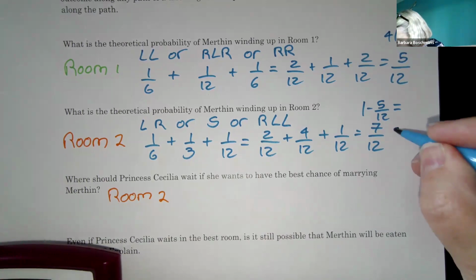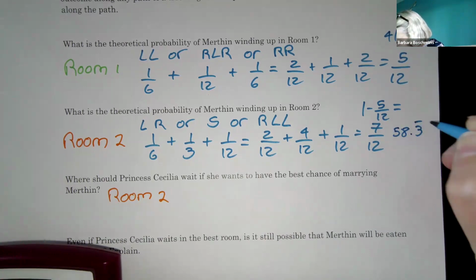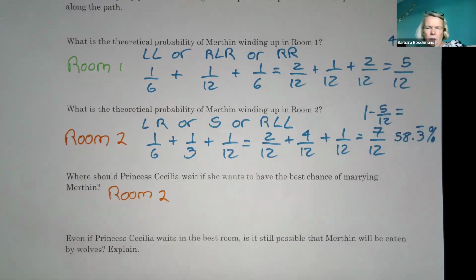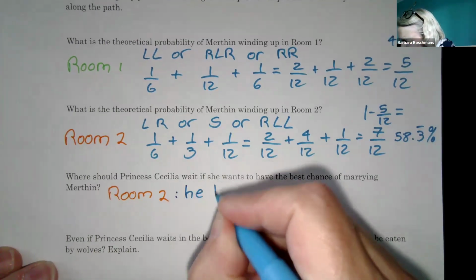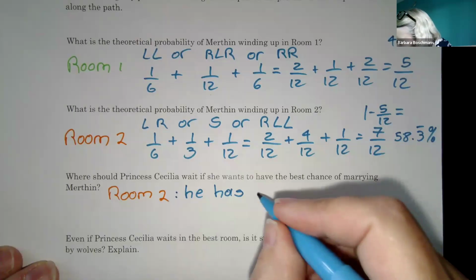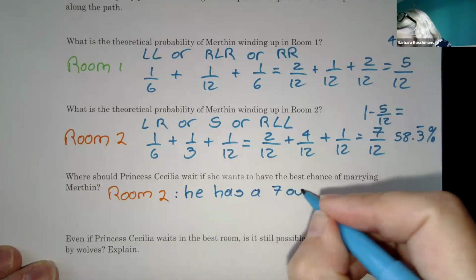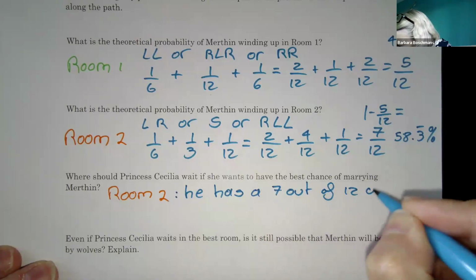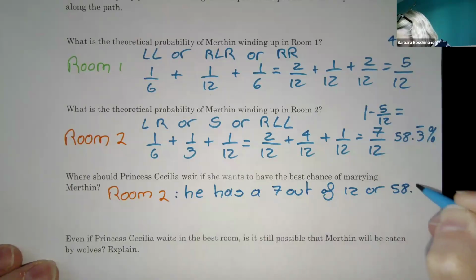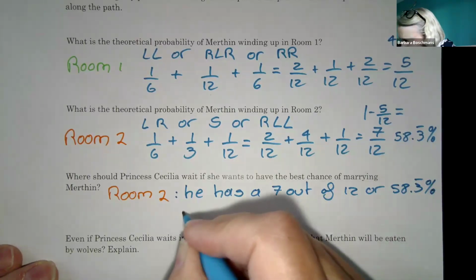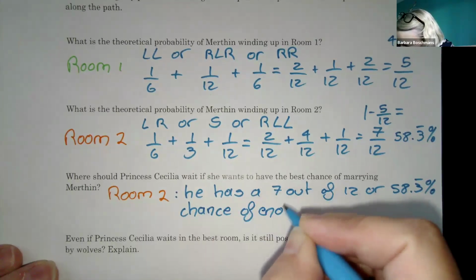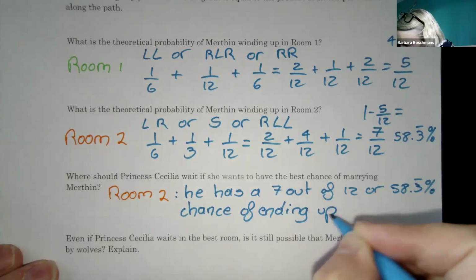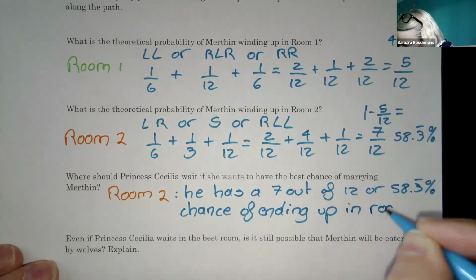And this is a 58.3% chance. Room 2. So he has a 7 out of 12, or a 58.3% chance of ending up in room 2.